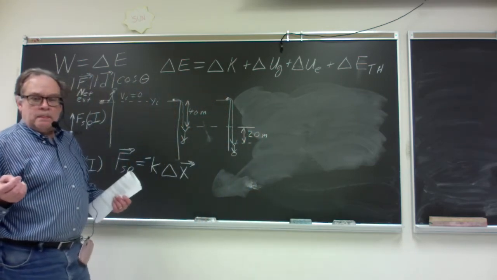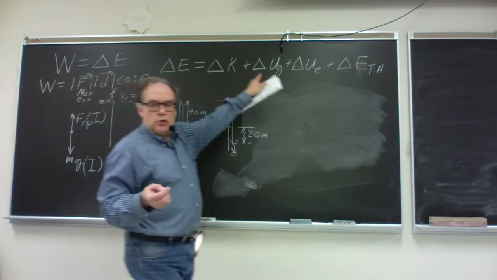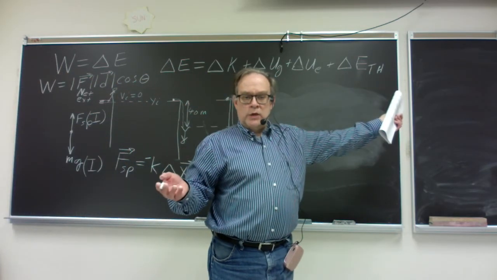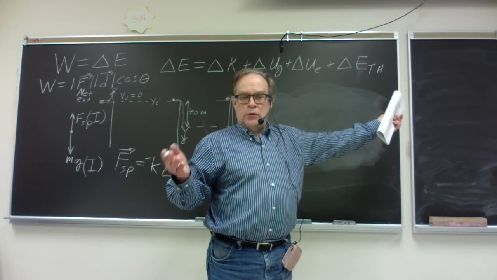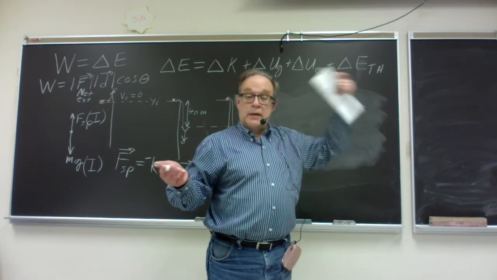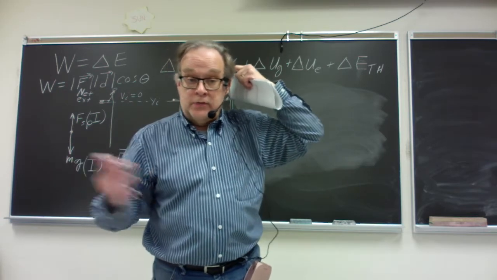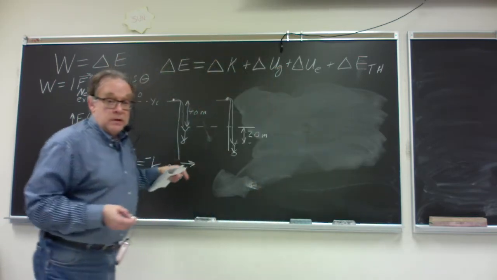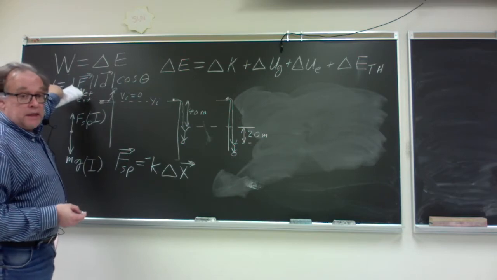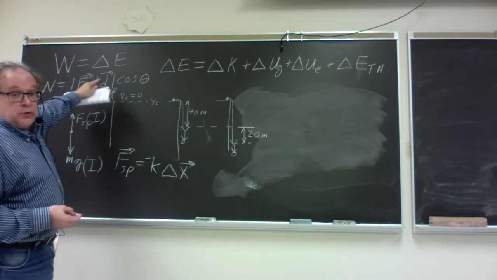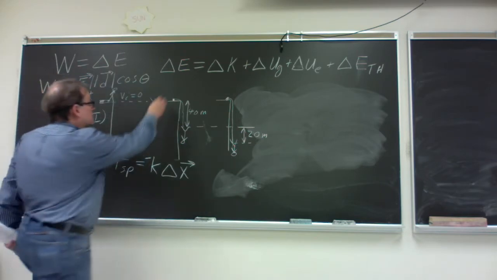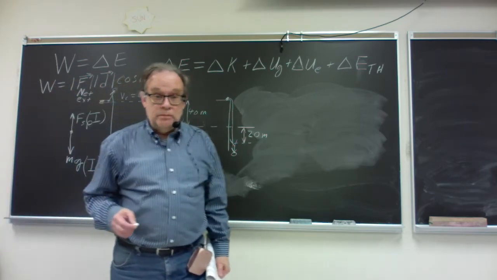Okay, now let's think about each of these terms here. We need to see whether each of those terms is zero or not zero, and it's also helpful if they're not zero to see which ones are positive and which ones are negative. Well, there is no work done by external forces, so there is no change in the total energy. That is zero.